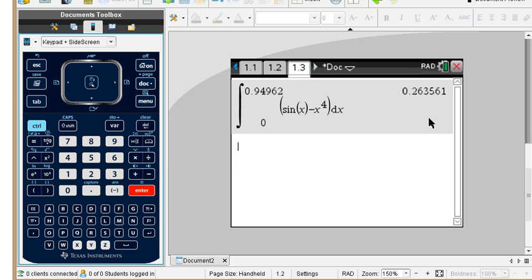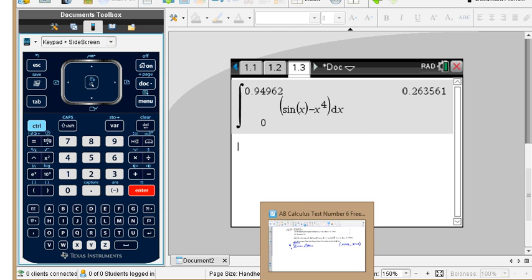And we have three decimal places. We put 0.264. Now they'll actually give you credit for 0.263, but rounded properly, I'm going to say 0.264. So here we go.